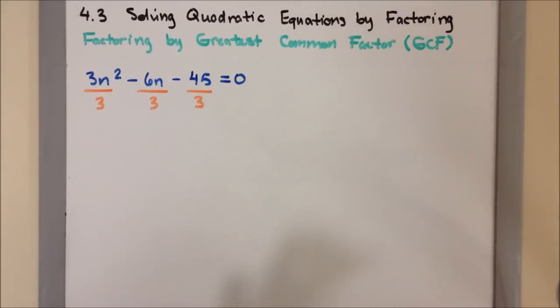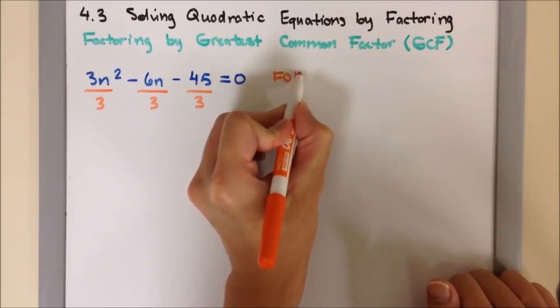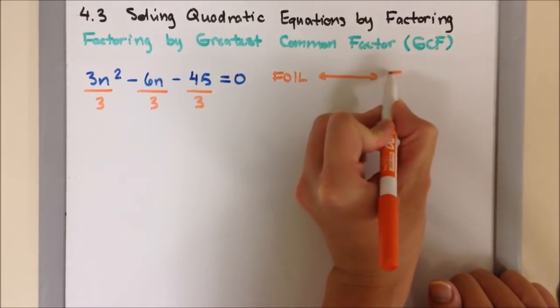Now, when you're factoring, it means that you're dividing. So remember foiling. When you're foiling or doing the box method, you're doing multiplication. Factoring is the opposite, which is division. So I'm going to write right here: FOIL is the opposite of factoring.